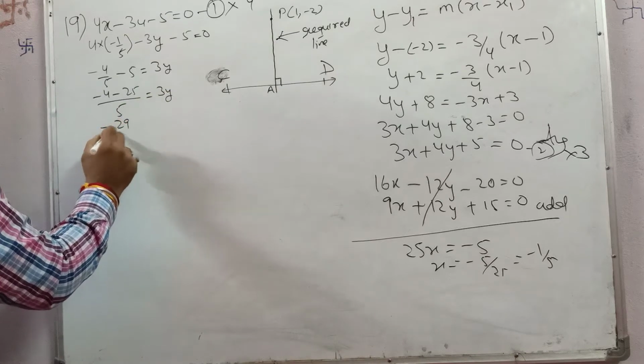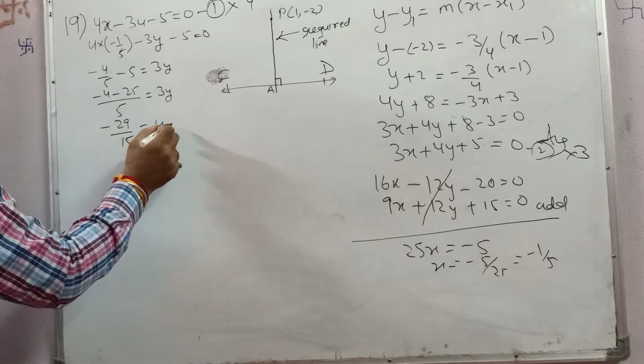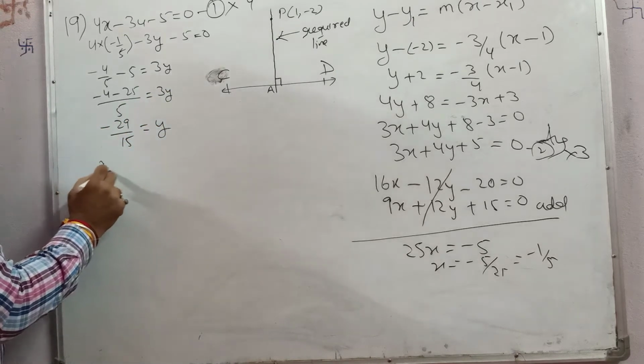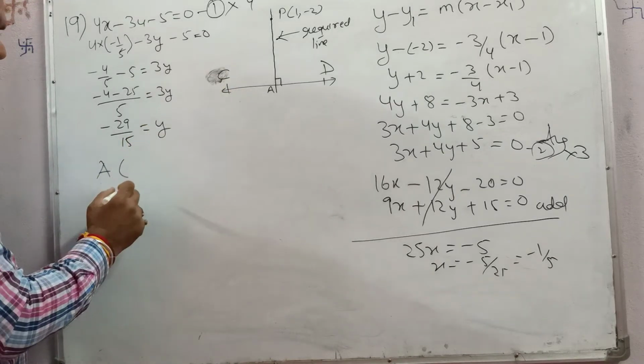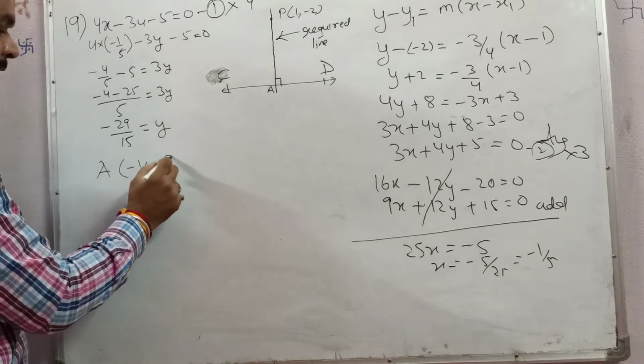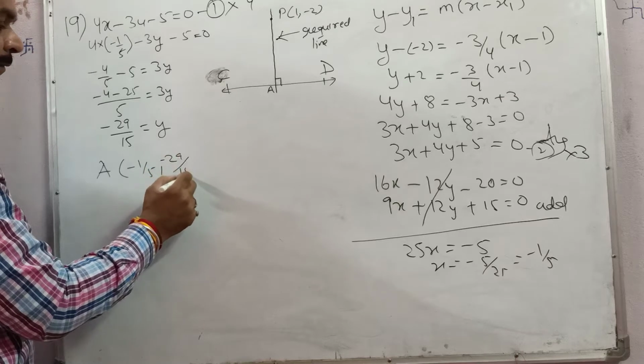Minus 29 upon 15 is equal to y. So therefore, the coordinates of the foot of the perpendicular are minus 1 by 5 and minus 29 by 15.